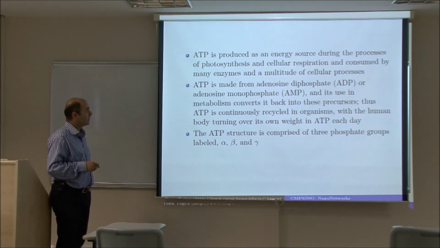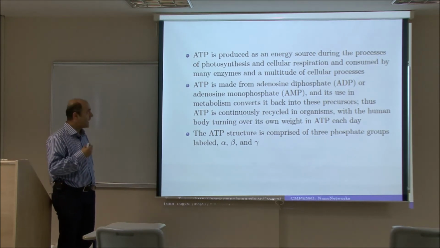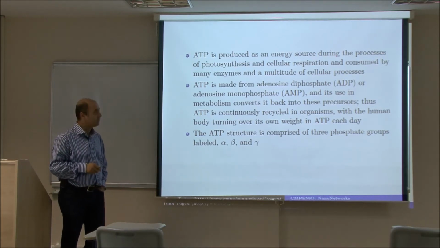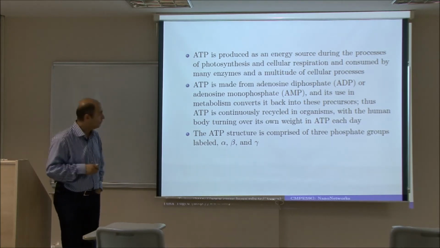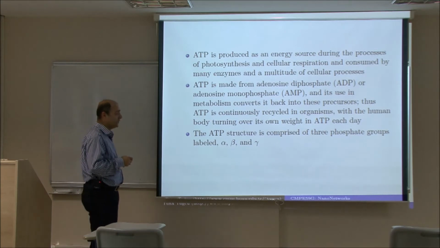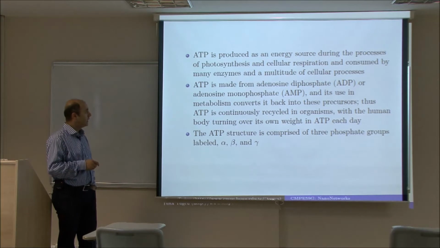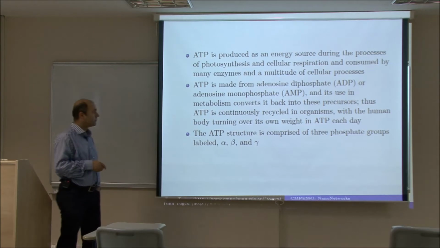ATP is typically produced as an energy source during the process of photosynthesis. So with photosynthesis, we get ATP and then make use of it. And also in cellular respiration, and it's consumed by several enzymes and several cellular processes where this molecular motor motion is one of them. So ATP is actually composed of the adenosine diphosphate, ADP, or the adenosine monophosphate, plus some phosphate ions.